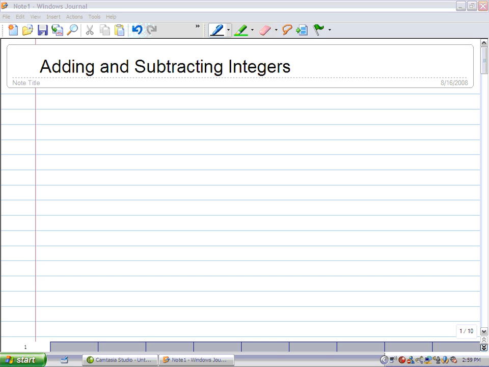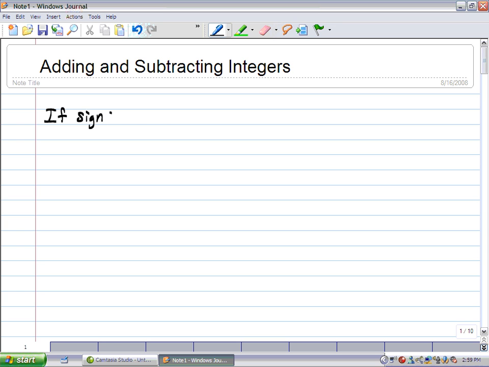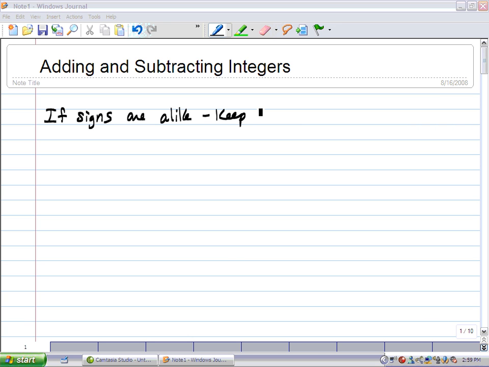Integers, remember, are all the positive numbers, 1, 2, 3, 4, 5, 6 that we count with, 0, and the negative ones. So first of all, adding integers, if the signs are alike, then we keep the sign and add.